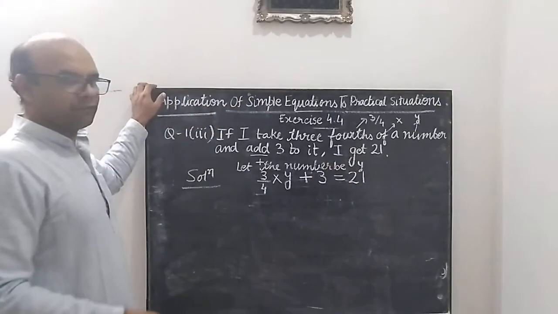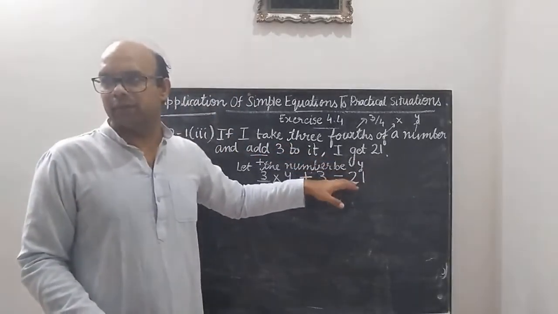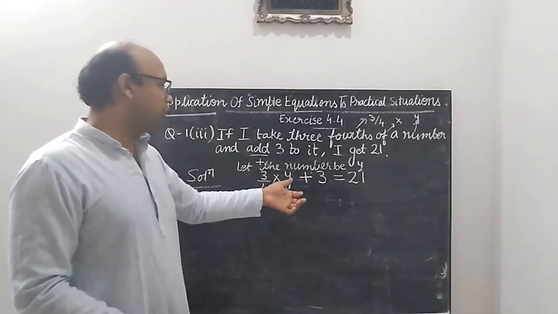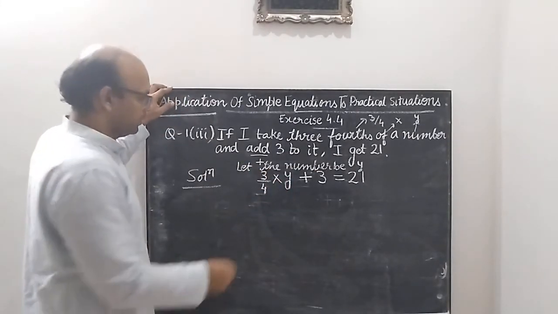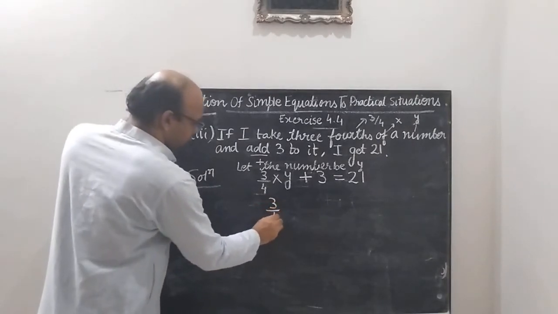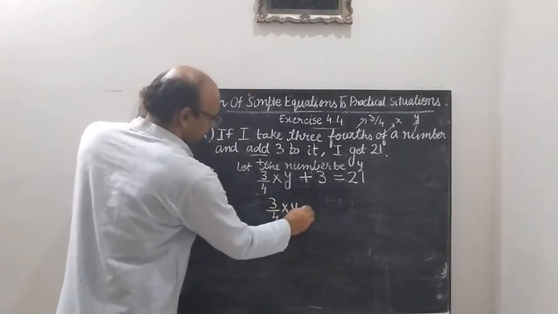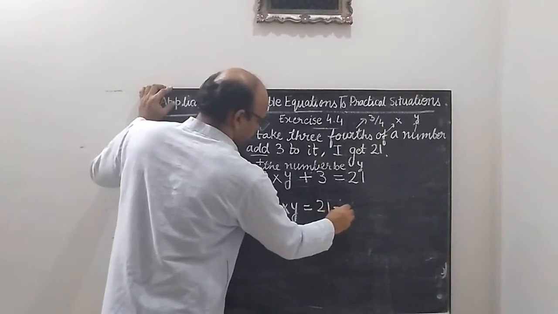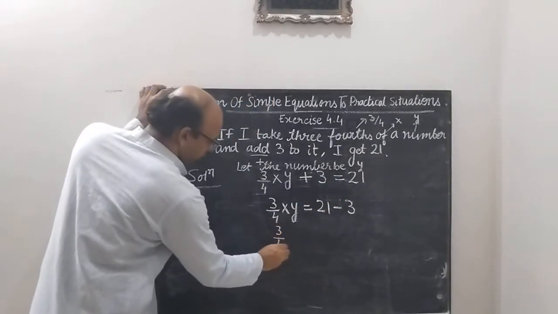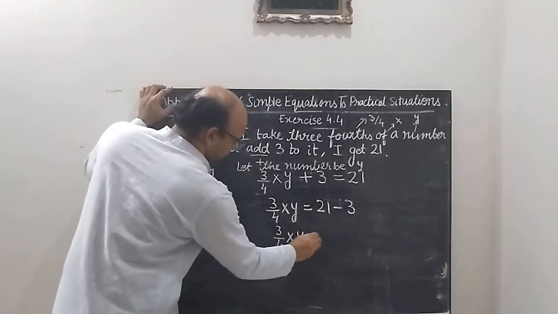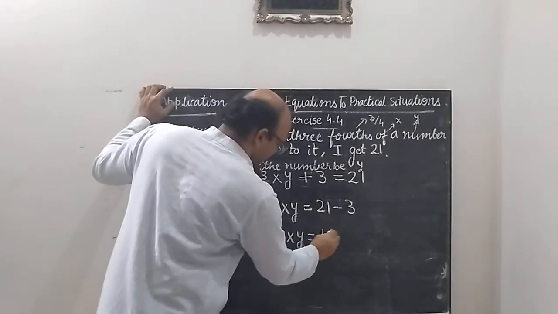We first have to mention the nature of the variable, and then 3 by 4 of y plus 3 is equal to 21. Now this is 3 by 4 into y is equal to 21 minus 3. So 3 by 4 into y is equal to 18.